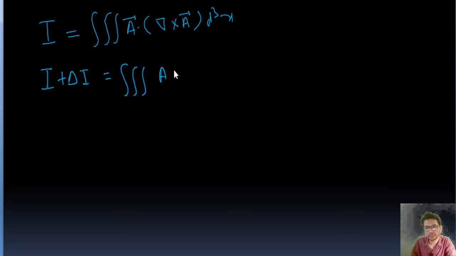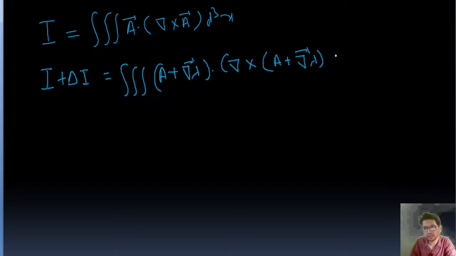So I plus delta I equals the triple integration of A plus gradient of lambda dot del cross A plus gradient of lambda d cube x.